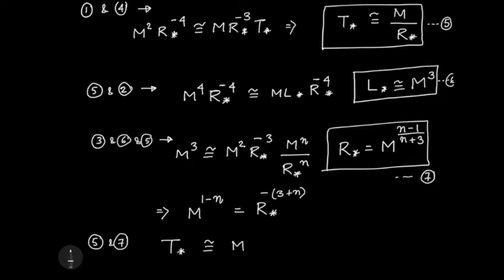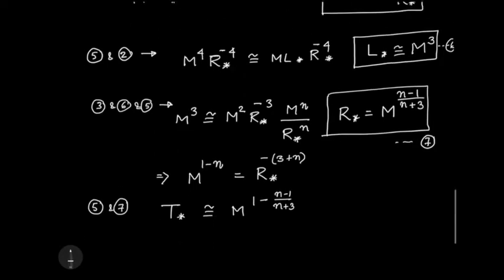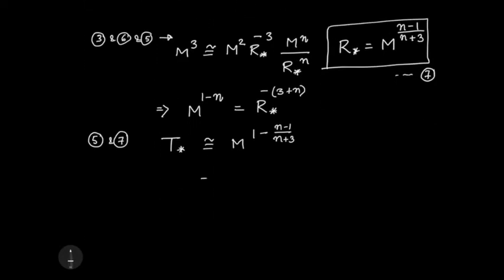M is just M, and R star is M to the power n minus 1 by n plus 3. So what will that give me? That will give me M to the power something. So T star, I got now how it goes as a function of M.